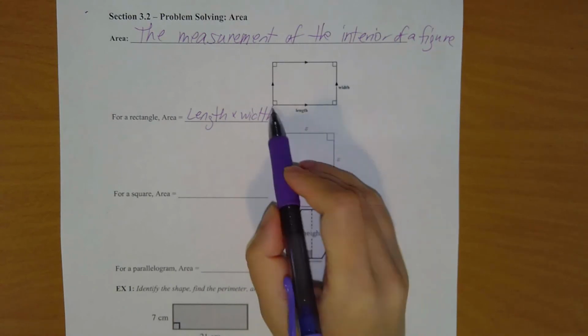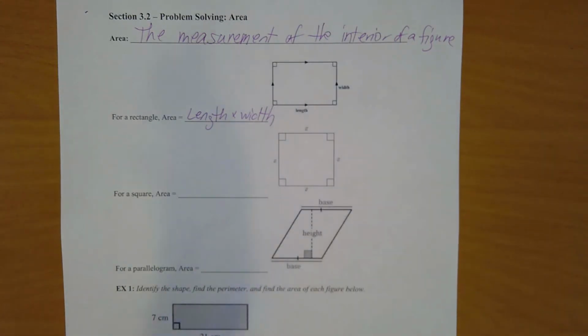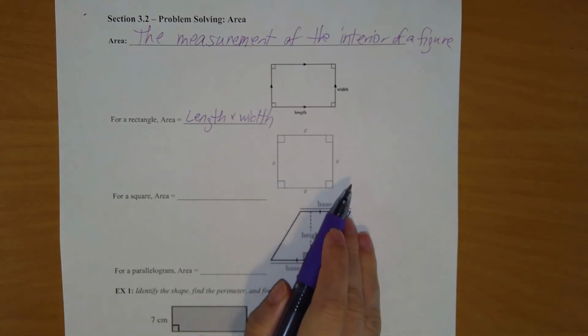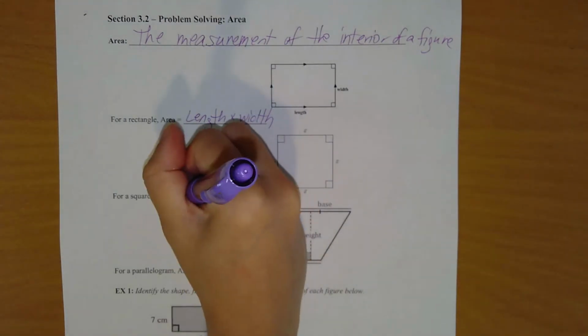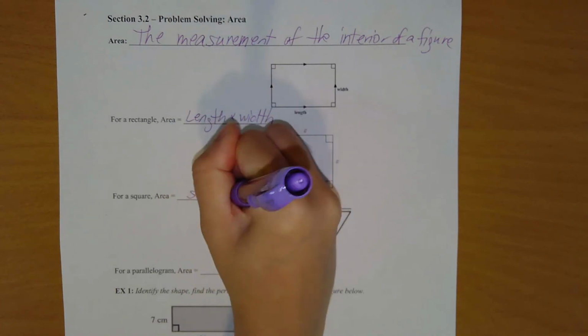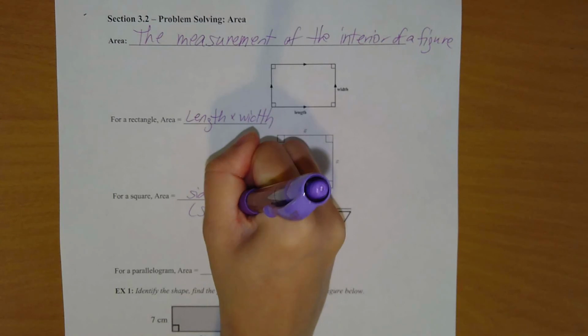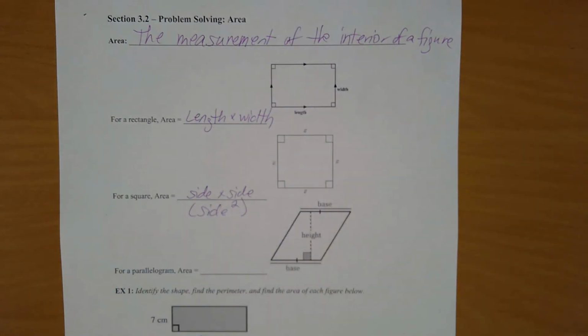So you'll take your length, multiply by your width, and that's it. A square is a very specific rectangle where all the sides are the same length, so you're technically doing length times width again, but the sides are all the same length. So you're doing your side length times another side length, or if you want to think about it as a side length squared, you can do that as well.